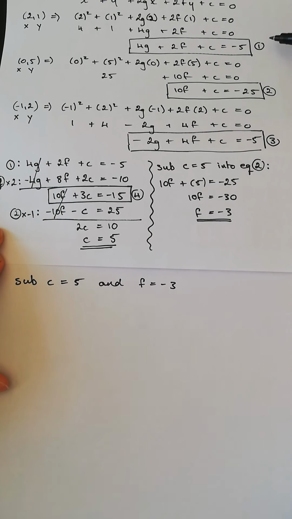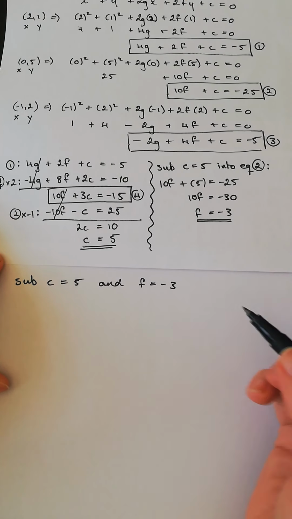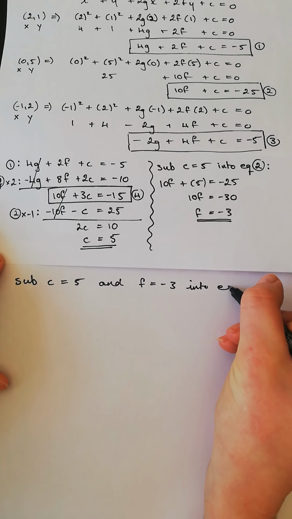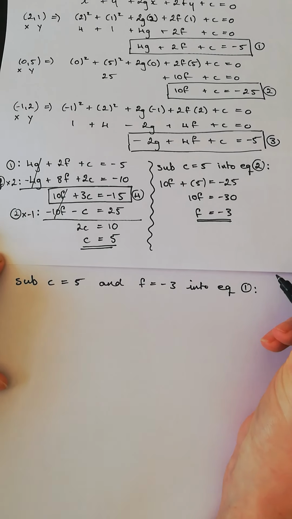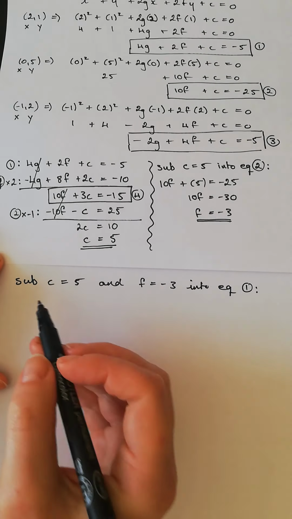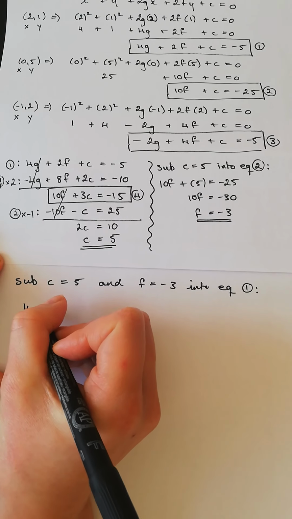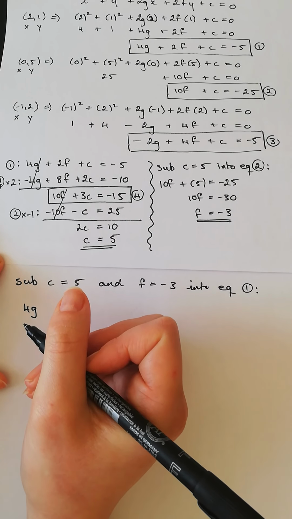So either equation 1 or equation 3. I'm going to go for equation 1, I think. And that was a pure random choice. I don't think either of those will be less effort than the others, but it doesn't matter which you sub it into, you get the same result.